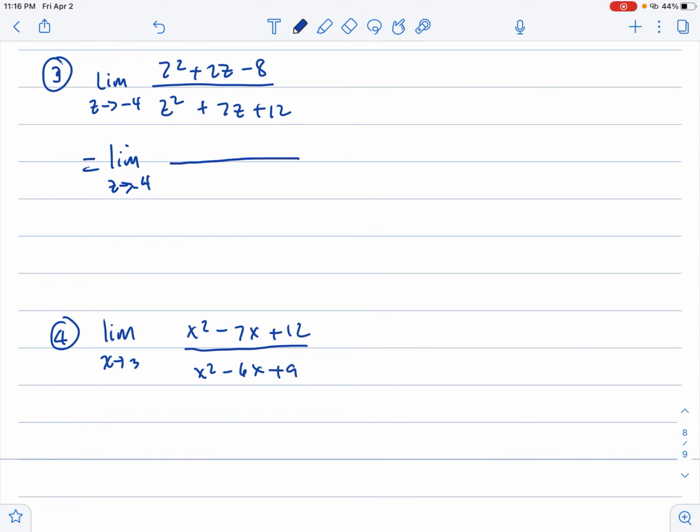So ang factor ng numerator ay z plus 4 tsaka z minus 2. At yung denominator ay z plus 4 times z plus 3. Right?